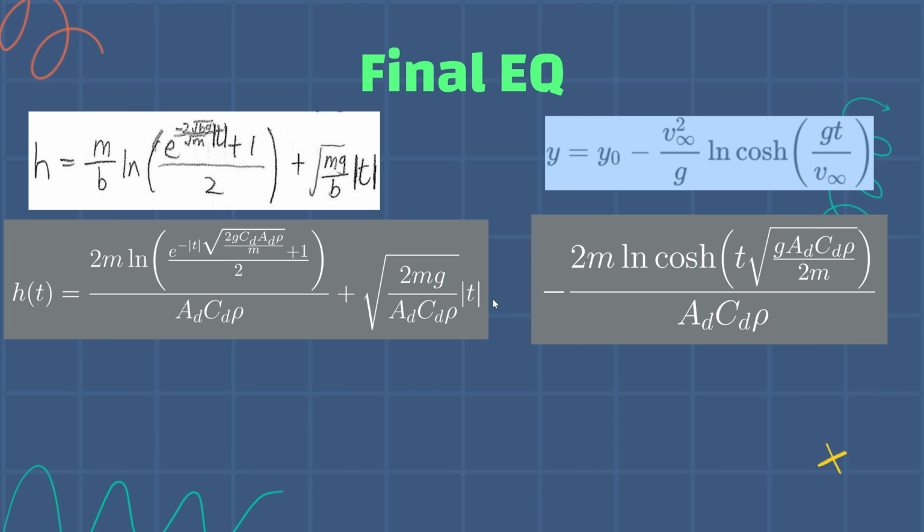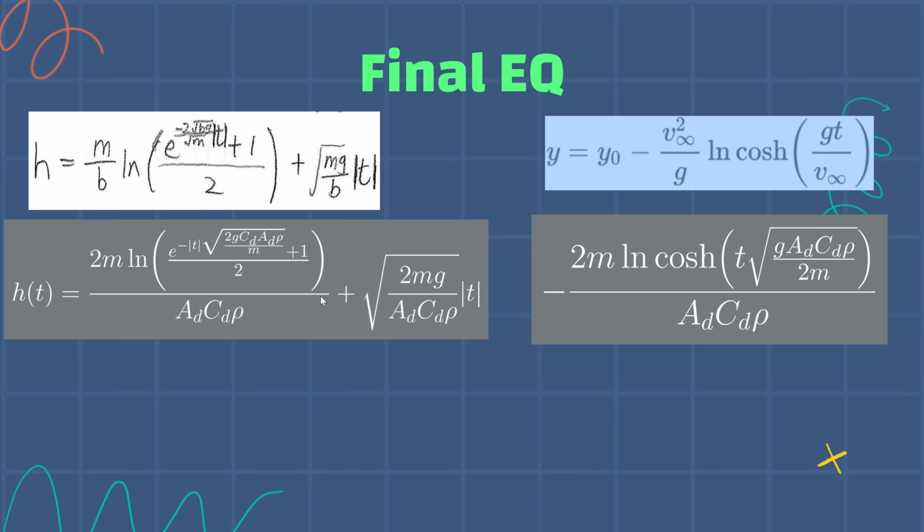Now, I obviously could have, I think it's called, rationalized this denominator to make this one big fraction, but I didn't want to, just because I wanted to keep it simple. If you multiply this whole thing by root AC rho, this term up here would get more complicated to be AC rho, and I didn't want that.